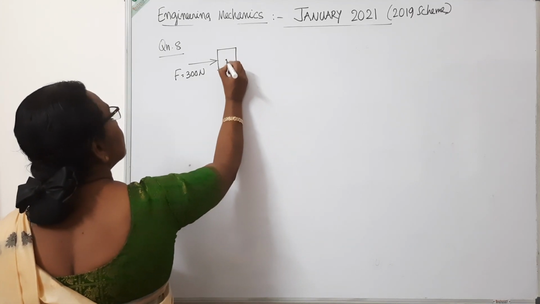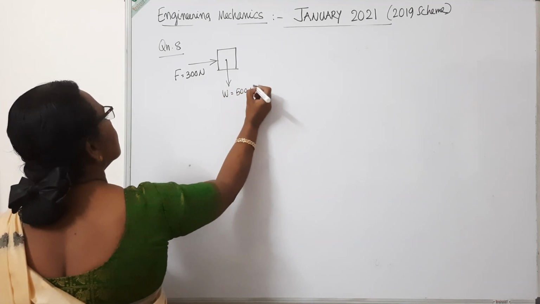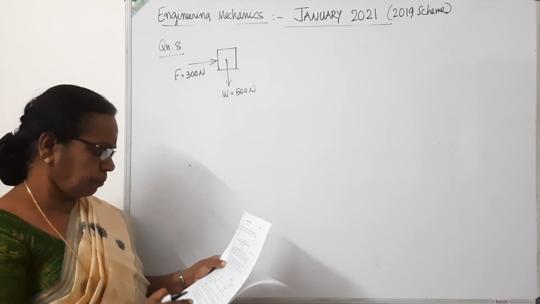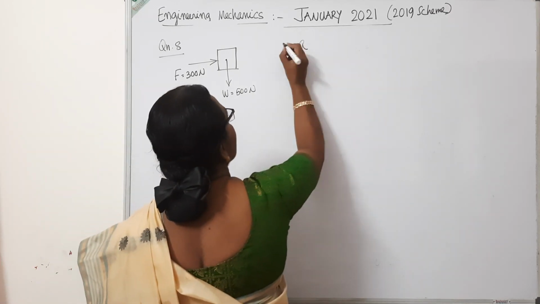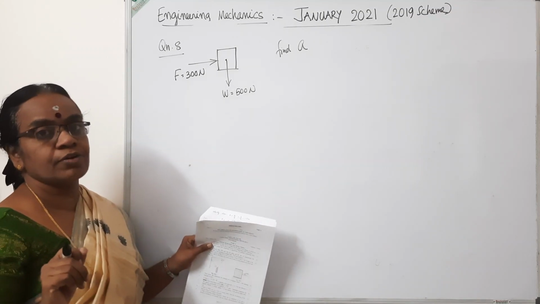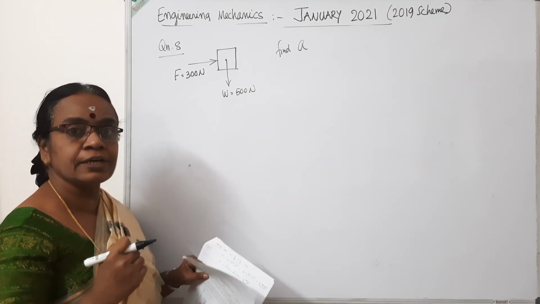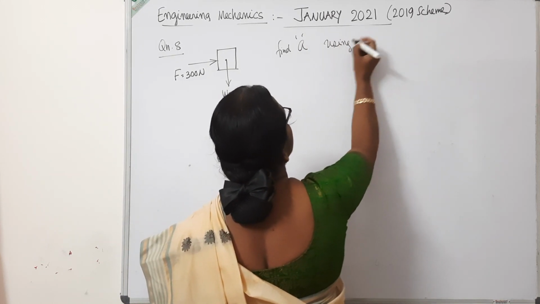So the weight of the body is 500 Newton. Find the acceleration, find A. It's a very simple one. We know F is equal to mass into acceleration, but the question is to find the acceleration using D'Alembert's principle.